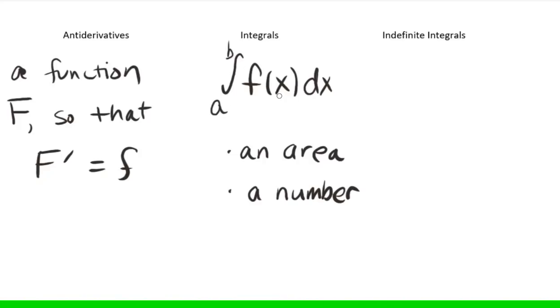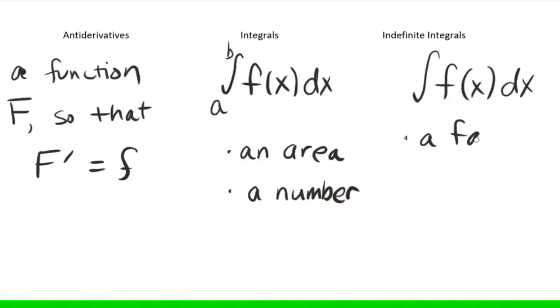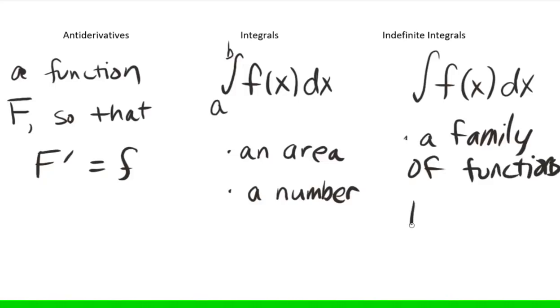So an indefinite integral would be written in this way, and it represents a family of functions. So we get a whole family of functions so that each one of their derivatives is equal to the function that we are interested in.